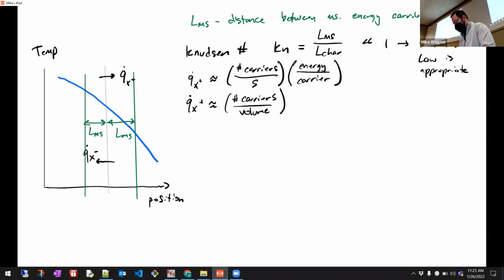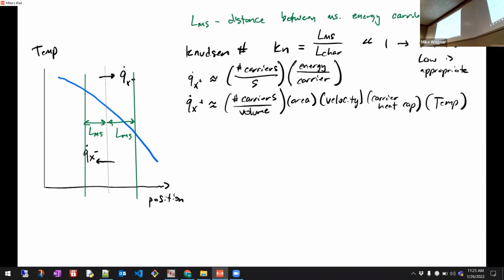So the carrier density times the area that it's crossing, times the velocity at which it's crossing on average, times the carrier heat capacity, times the temperature of the material. And so we've broken down our really simple number of carriers per second, energy per carrier, into a little bit more detail: carrier density, velocity, heat capacity, and the temperature of the material.